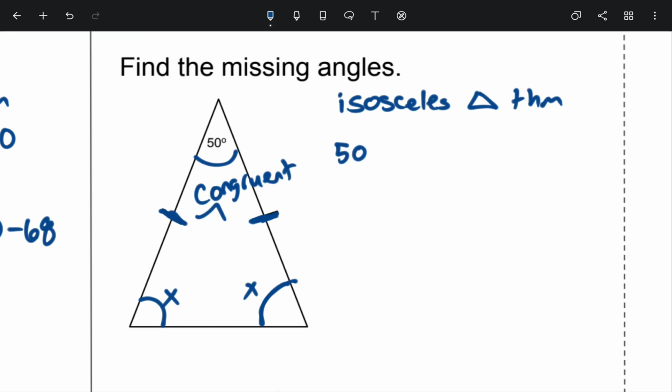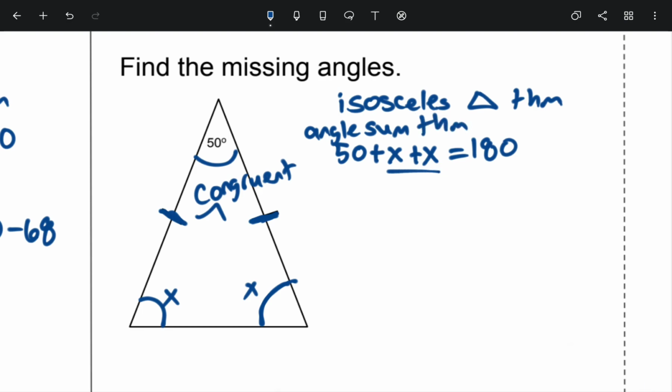So we get 50 plus x plus x equals 180. This is from the angle-sum theorem. So we're using both of these. I can combine these x's together to get 50 plus 2x equals 180.